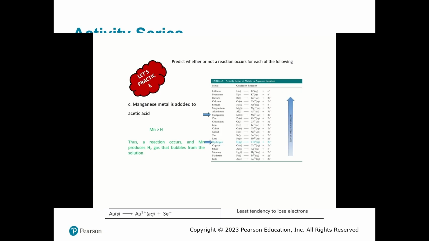When you talk about acetic acid, we're talking about the hydrogen, which will be the positive charge over here. The manganese is stronger than the hydrogen, so a reaction can occur and it will replace the hydrogen, and it will produce hydrogen gas that will bubble from the solution.